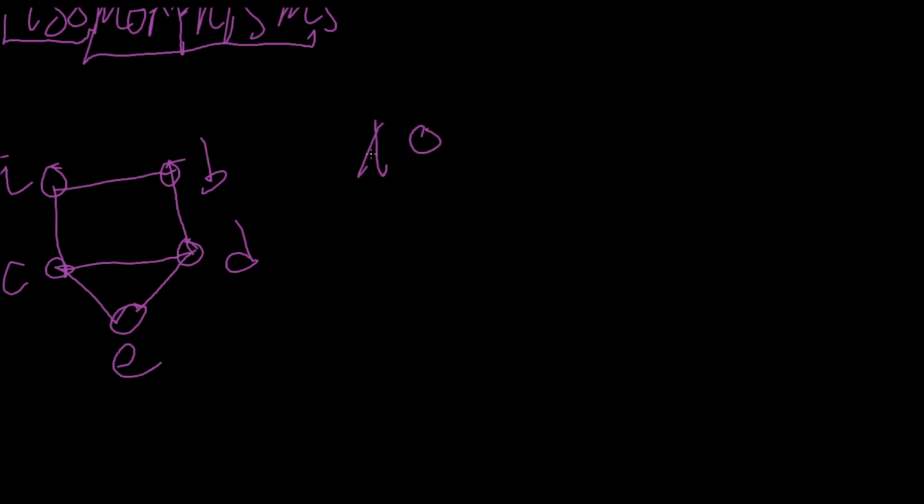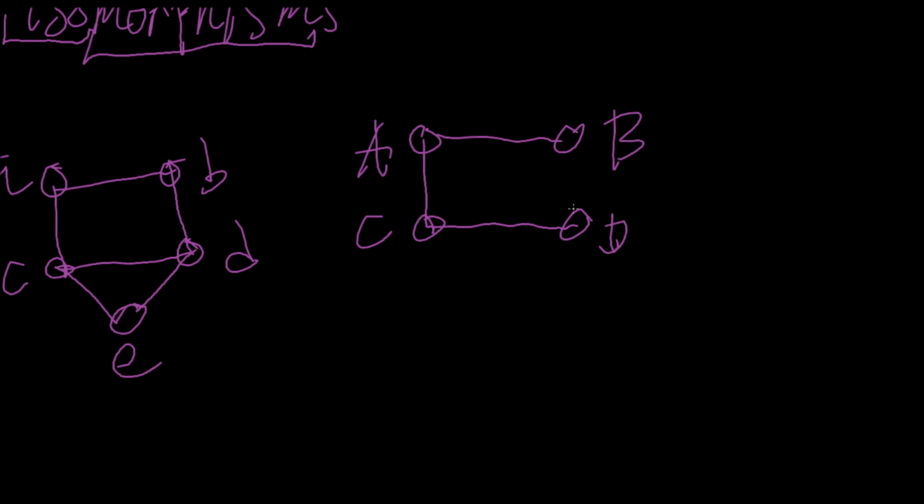Let's call this vertex capital A, this capital B, C, D, and then we have a capital E over here. Let's call this graph G1 and this graph G2.